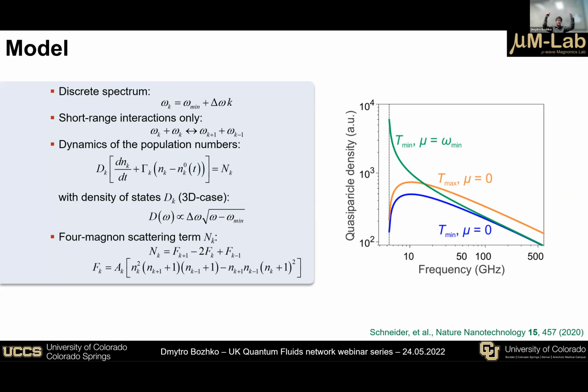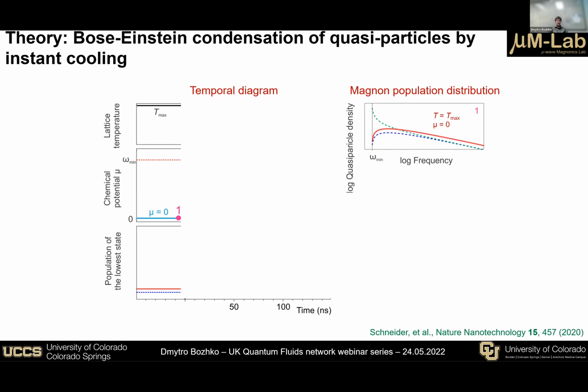So we have this n equation for each state, and here is our density of states for our quadratic spectrum in the 3D case, and the amplitudes of the 4-magnon scattering term are as follows. So with this set of equations, we just throw it into the numerical system, and we model it.